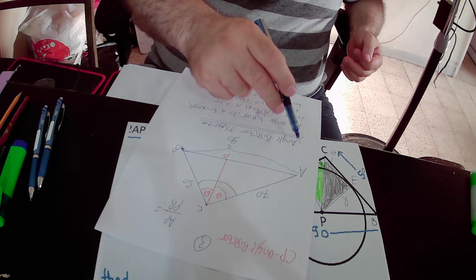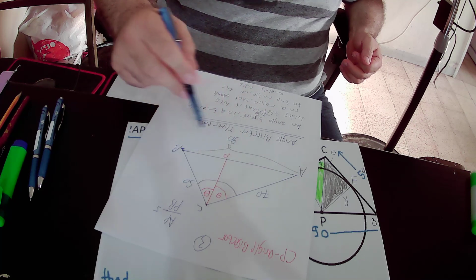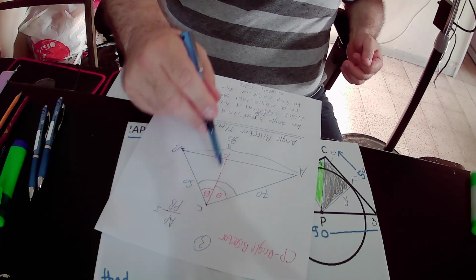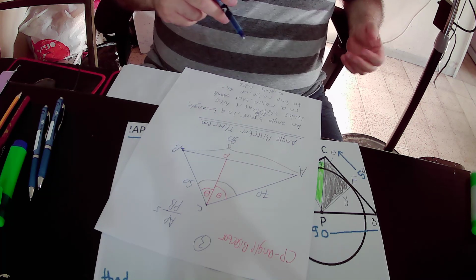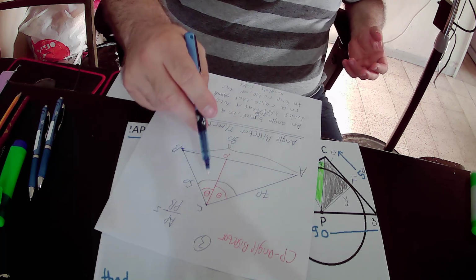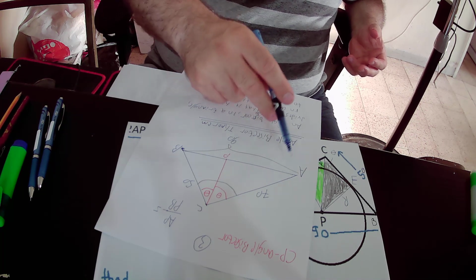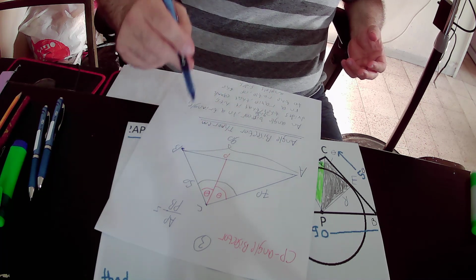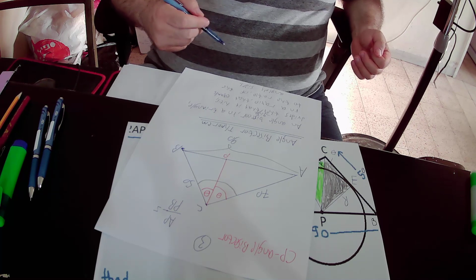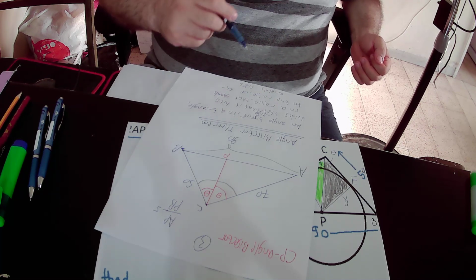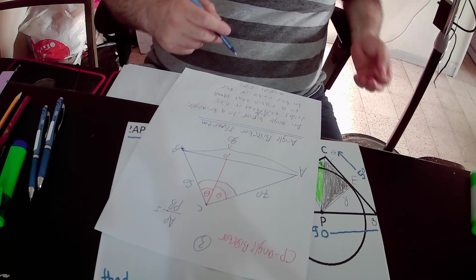We relate to angle ACB, that is split into two halves by CP, and angle ACB consists of two sides, side AC and side CB, and the ratio between those two sides is AC over CB.